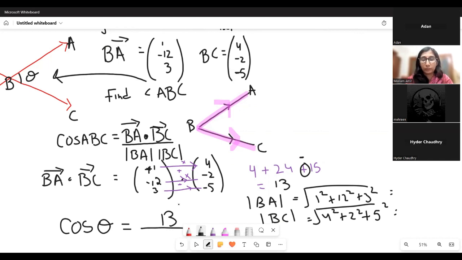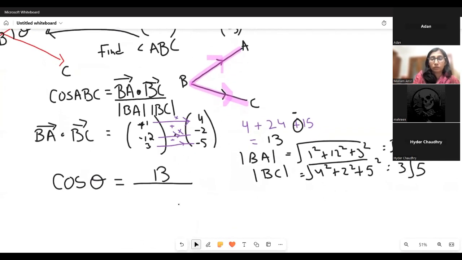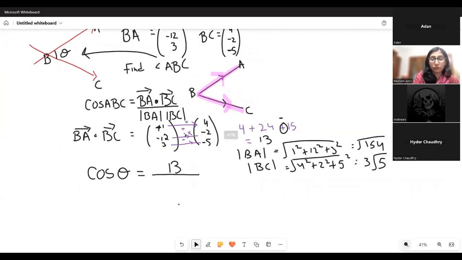Square root of 1 square plus 12 square plus 3 square gives square root 154, and square root of 4 square plus 2 square plus 5 square gives 3 under root 5. We divide that here: square root 154 times 3 square root of 5.